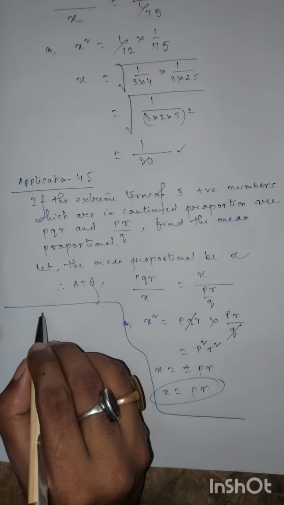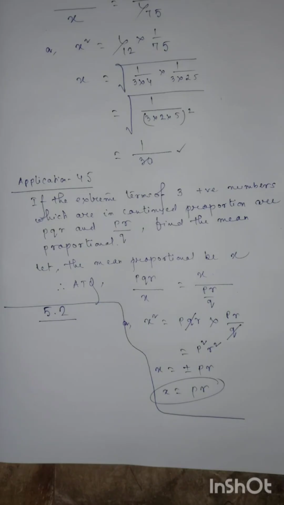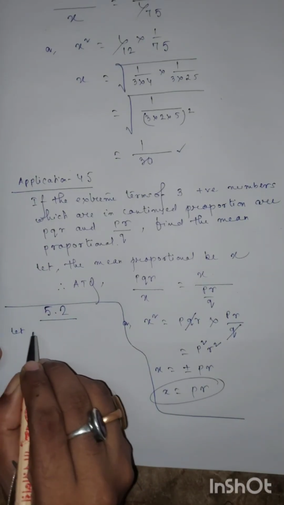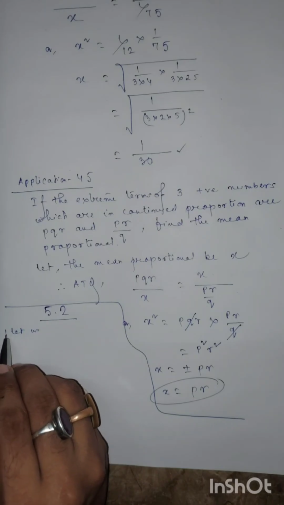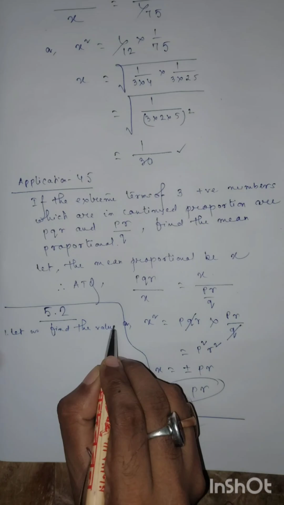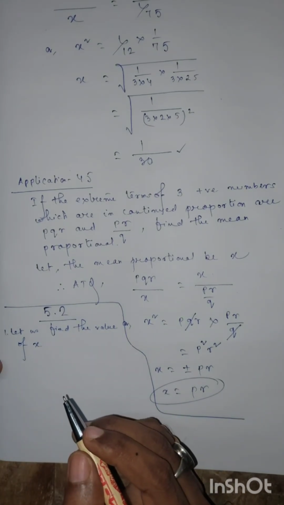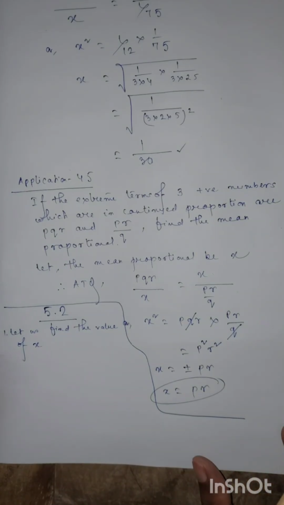So this is our 5.2. Let us see by calculating 5.2. I am only writing 5.2. So the first question says, let us find the value of x for the following proportion.